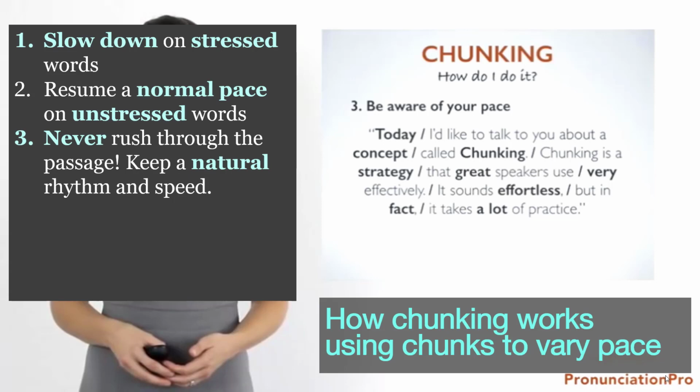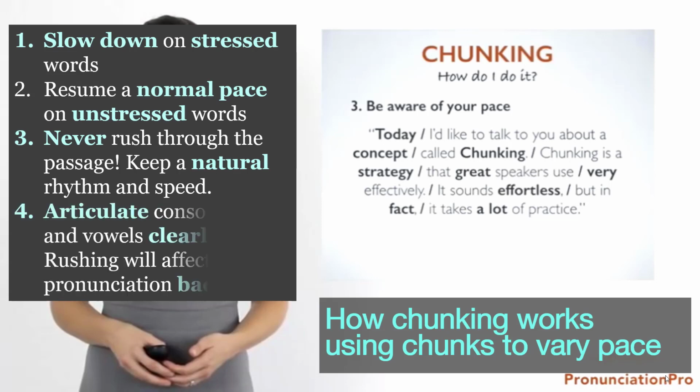When you're reading the unstressed words, it is important to read at your normal pace, but at the important words, which are the key words and the stressed words, you slow down, or maybe slow down and slightly increase the volume. Articulate your consonants and vowels clearly, which means that if you're reading at a very fast pace, you're not able to clearly articulate them. So you need to consider the pace as well.